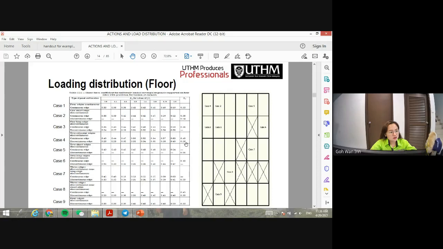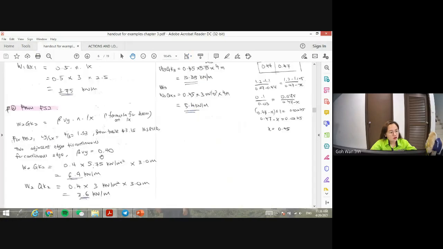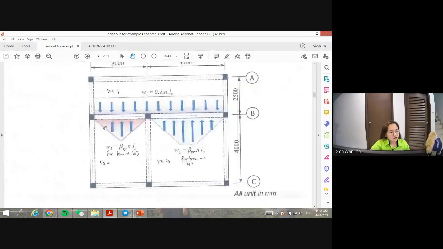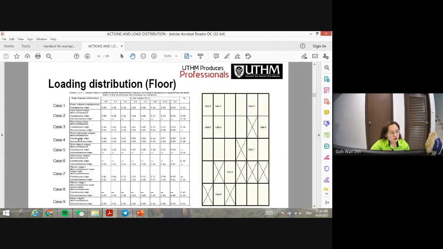You see this? So you need to get the 0.4 because we are at the continuous edge. The slab you want to calculate is for this continuous edge. That's why we get the case for two adjacent edges discontinuous, and then we pick the vby for the continuous edge. That's why it's 0.4.